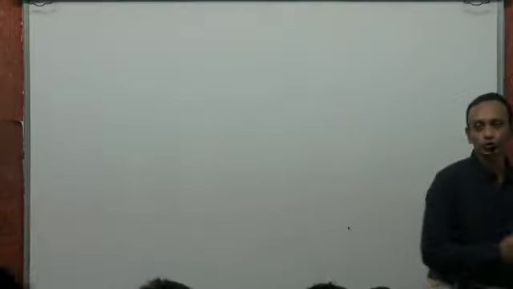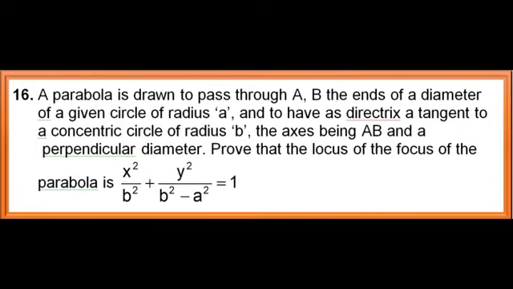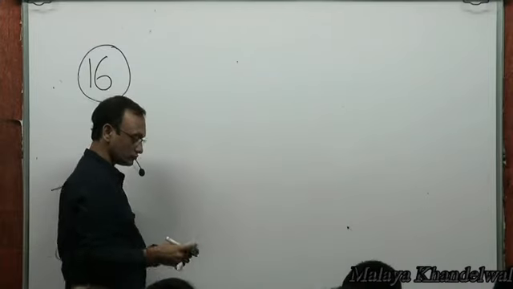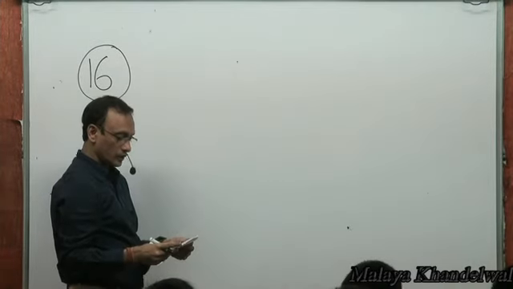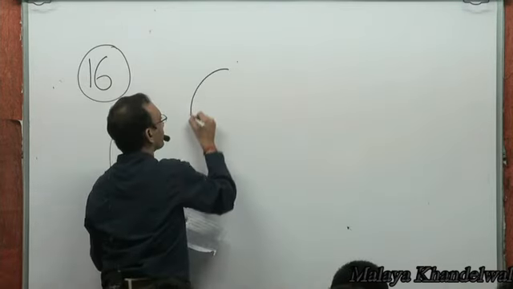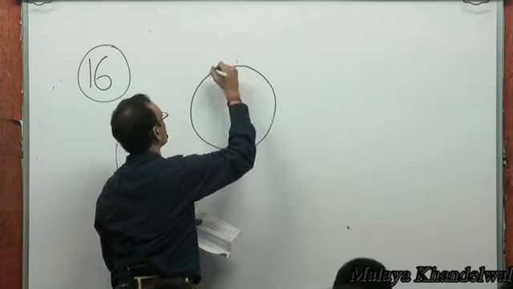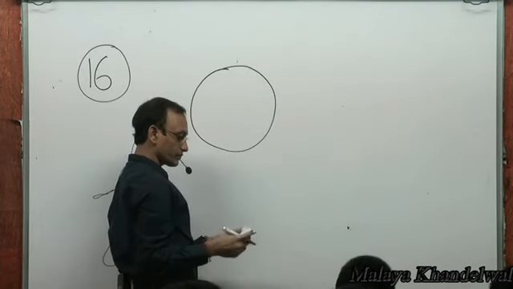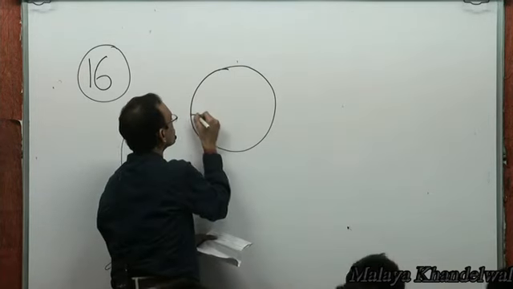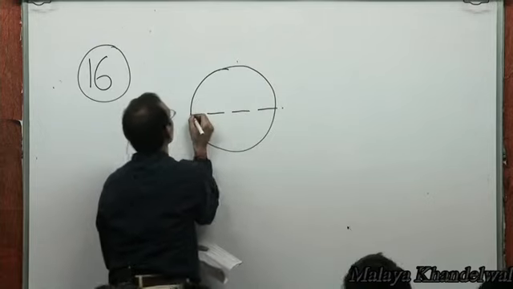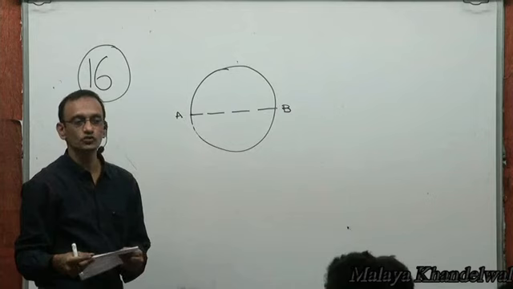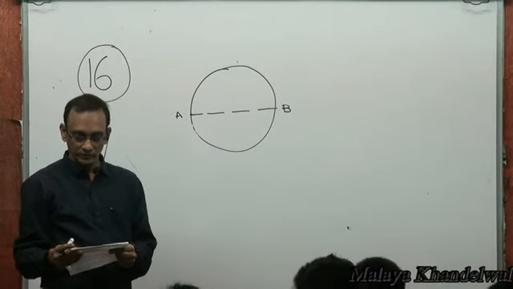Let's look at number 6. There is a circle of radius A. A parabola is drawn to pass through the ends of the diameter of this circle. AB is a diameter of this circle of radius A, and a parabola is known to pass through these 2 points.